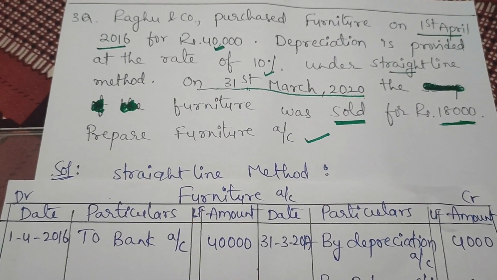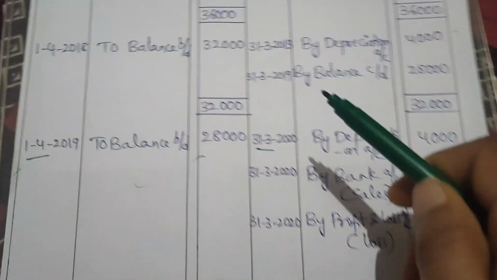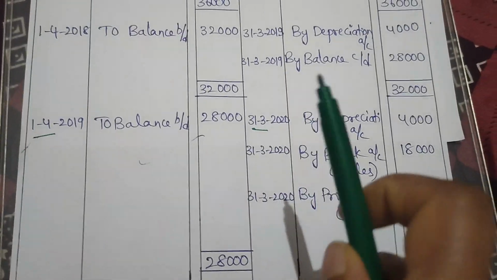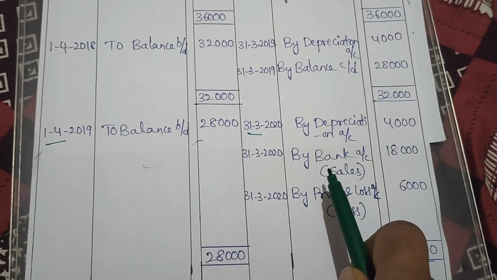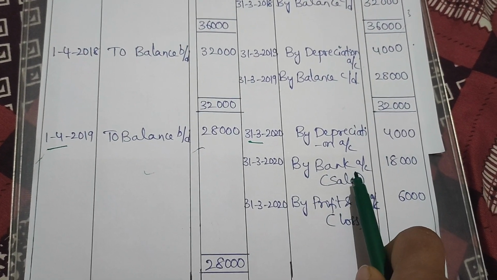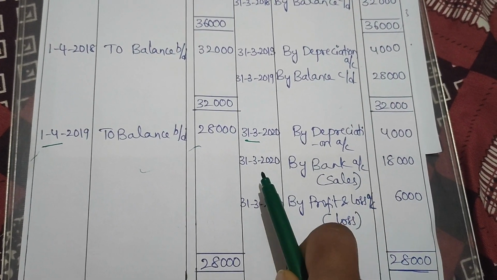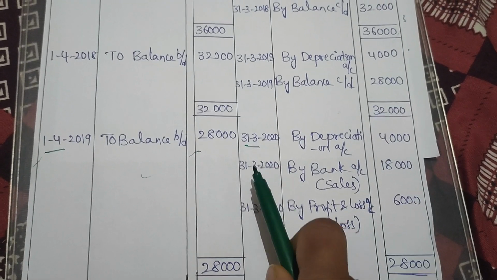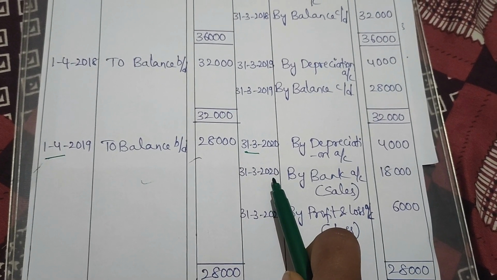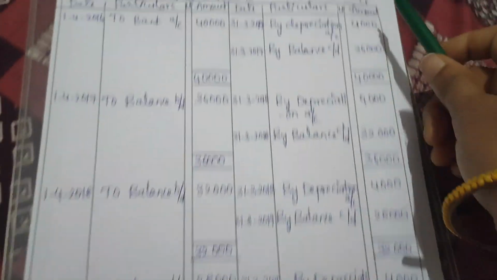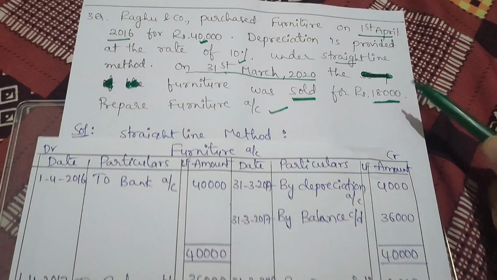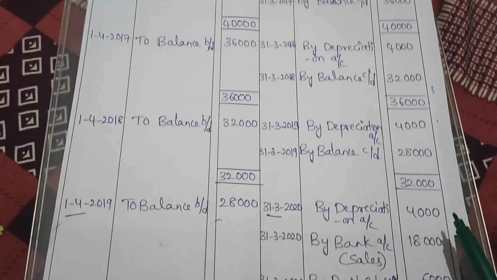Whenever any asset is sold, we write on the credit side by bank account, in brackets sales. Date of sale is 31st March 2020. And the selling amount is 18,000. We record 18,000 here.